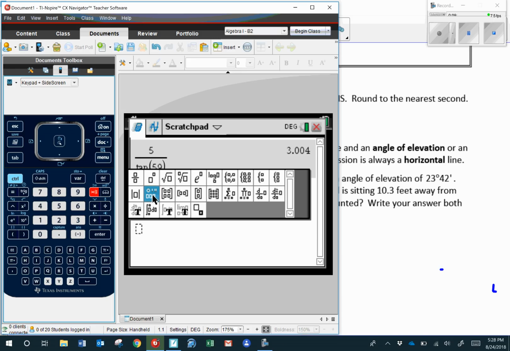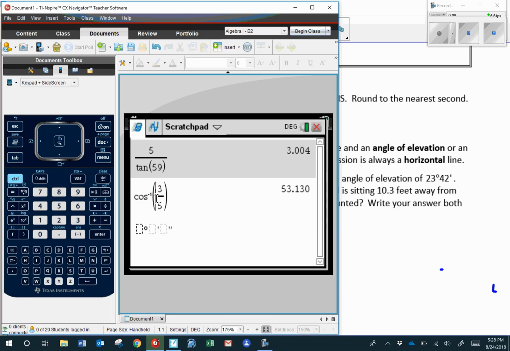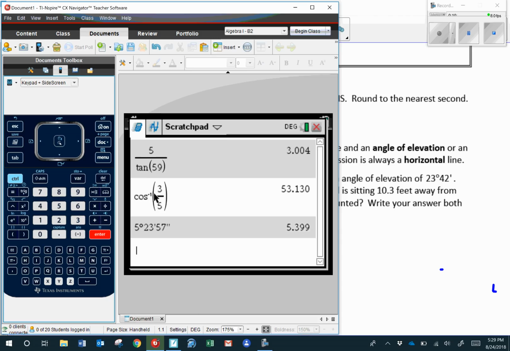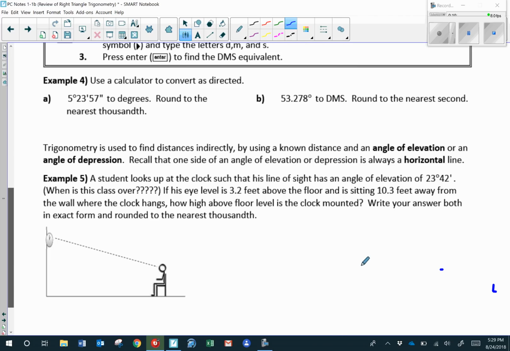If you press that template key, you'll see where there's a place for degrees, minutes, and seconds. You get an empty shell there that we can fill in. So now type in 5, cursor over to minutes, type in 23, cursor over to seconds, and type in 57, and then press Control and enter, and we'll get a decimal value of 5.399 degrees.